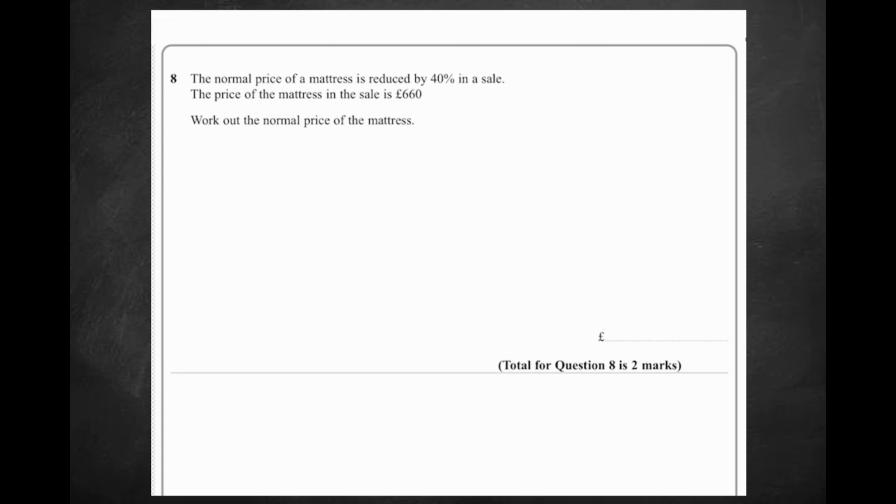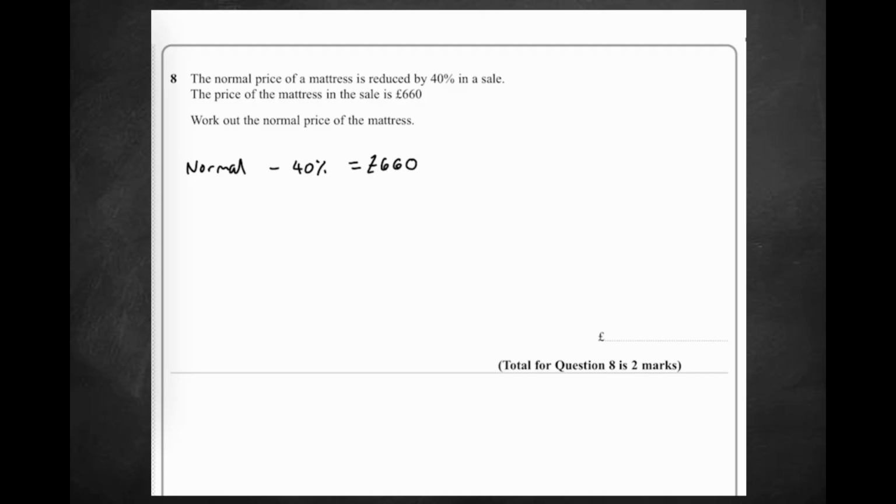Question number 8. The normal price of a mattress is reduced by 40% in a sale. The price of the mattress in the sale is £660. Work out the normal price of the mattress. So we are saying normal minus 40% is £660.